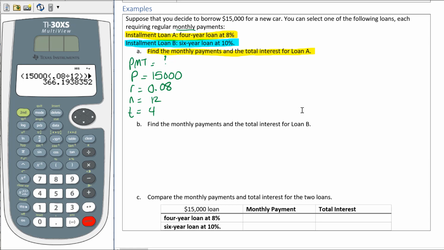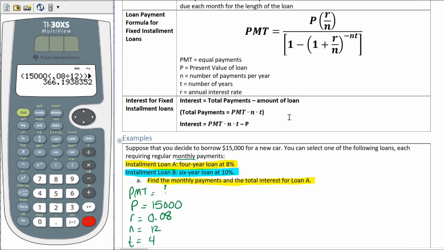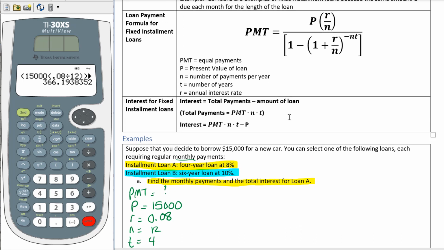So I'm going to use the payment formula that I saw above, and that's going to get me PMT equals P, which is 15,000, times parentheses R, which is 0.08, divided by N, which is 12, all divided by bracket 1 minus parentheses 1 plus 0.08 over 12, raised to the negative 12 times 4, then close your bracket.